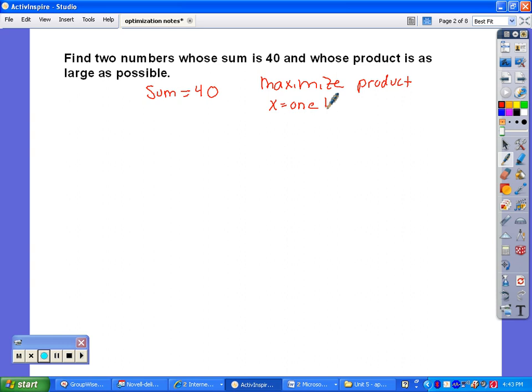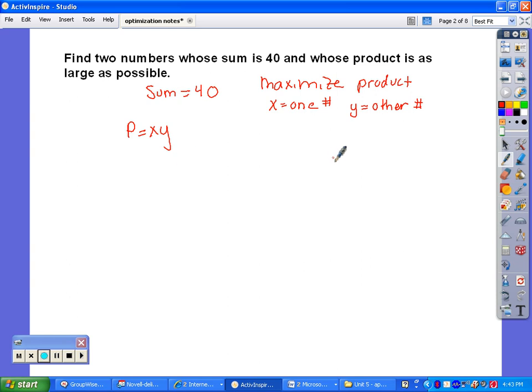We always have to define our variables. And y equals the other number. And we're going to figure out an equation to maximize or minimize. So the product is equal to x times y. This is the function that I need to find the maximum of in order to answer this question.